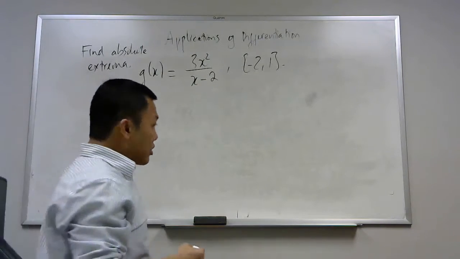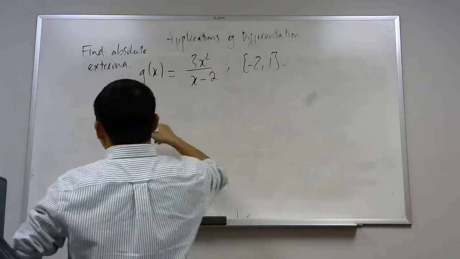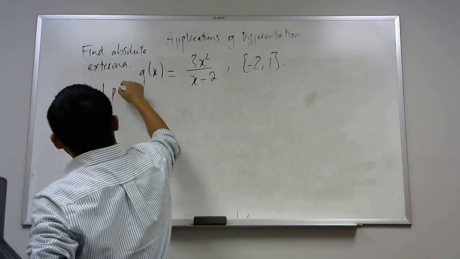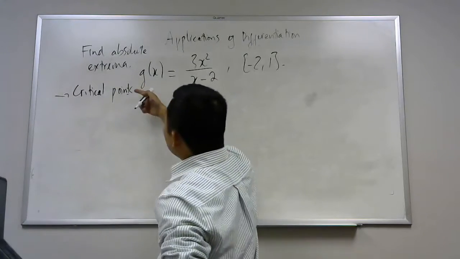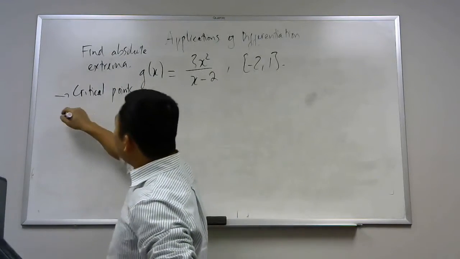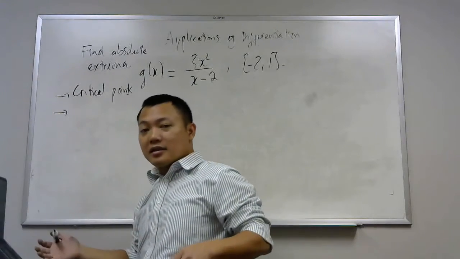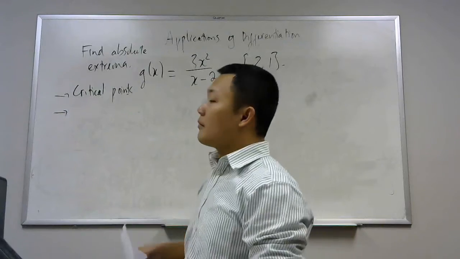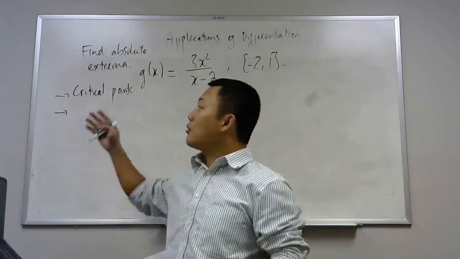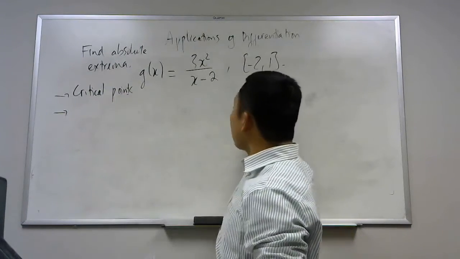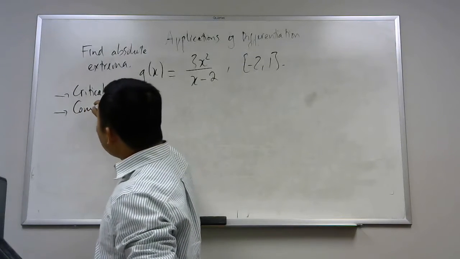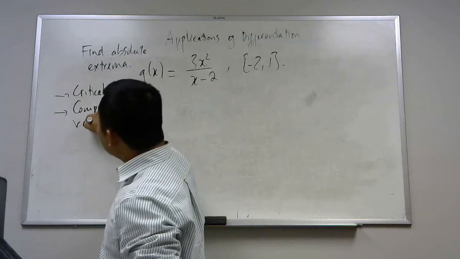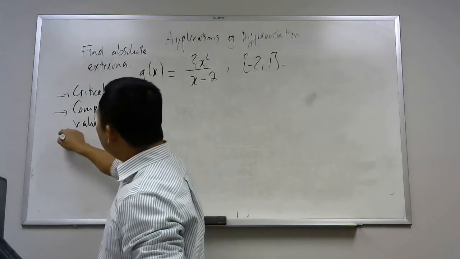Let's review the instructions on how to solve such a problem. First, I need to find all critical points, of course critical points on this interval. And then I don't have to consider the sign of the first derivative. We only need to find critical points, and then we compare function values at critical points and at the two endpoints.